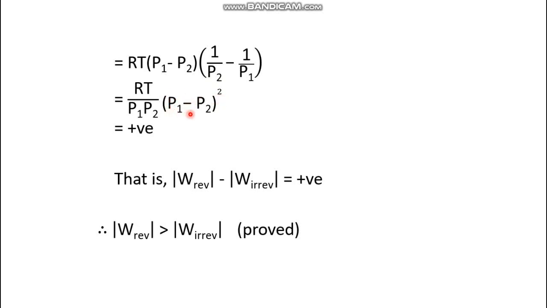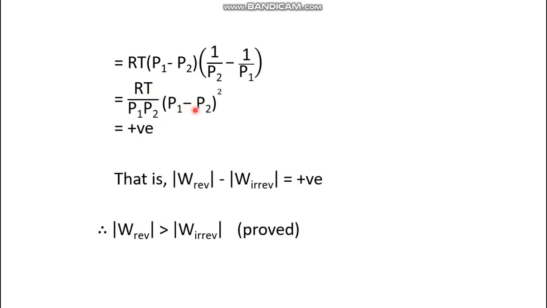So whatever be the difference in pressure, if the difference is positive or if the difference is negative, in both cases its square would result in a positive term. And regarding this one, R is a positive constant, temperature can never be negative in the absolute scale, and P1 pressure is always positive, P2 pressure is again always positive.